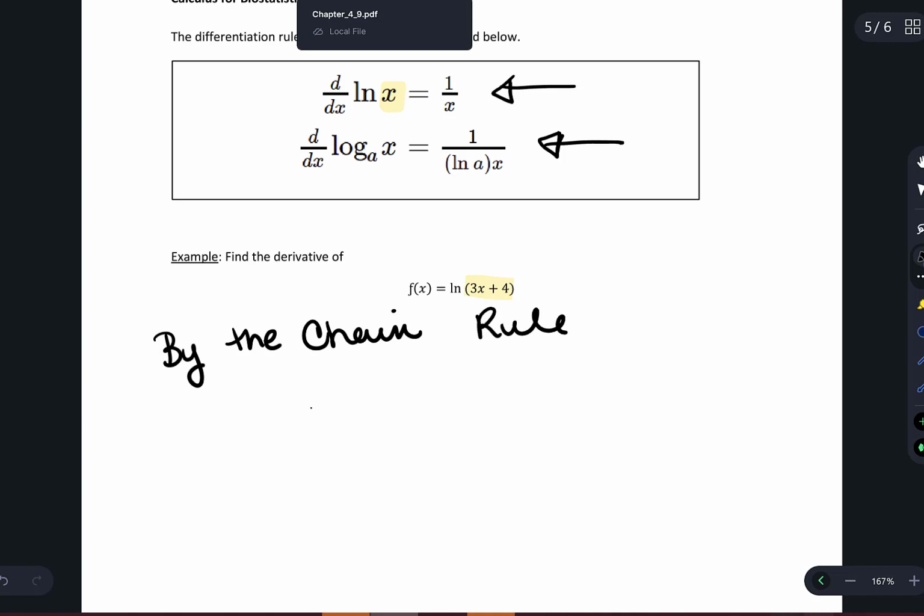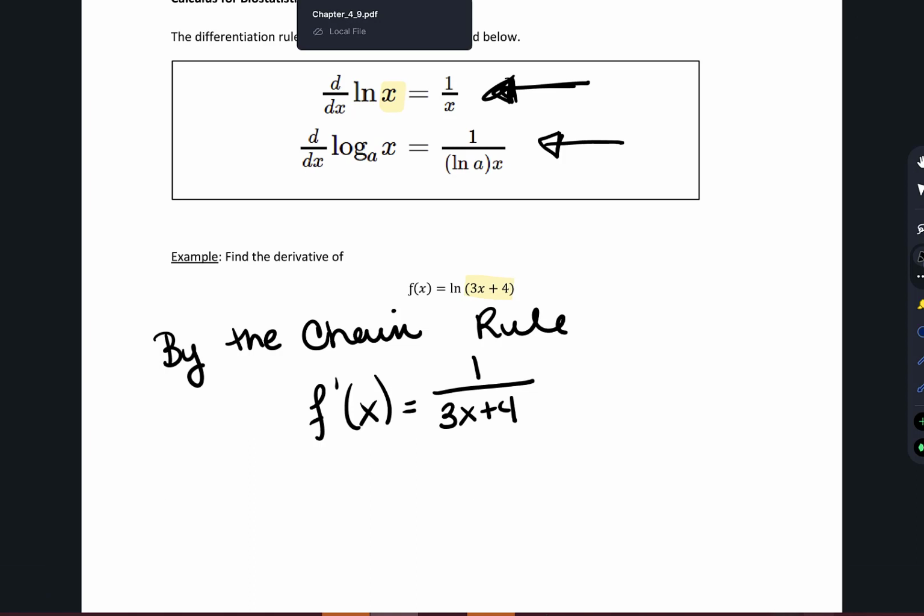So by the chain rule, the derivative with respect to x is going to be equal to 1 over 3x plus 4. That's applying this rule right here. But we have to multiply by the derivative of the inner function, which in this case is just going to be equal to 3. So we have 3 over 3x plus 4.